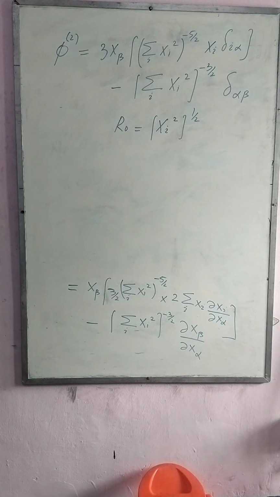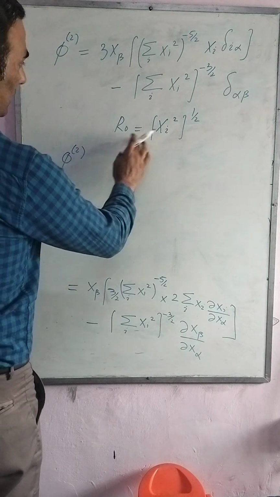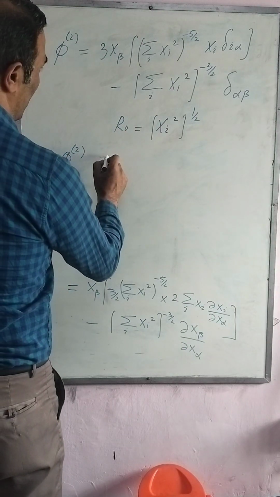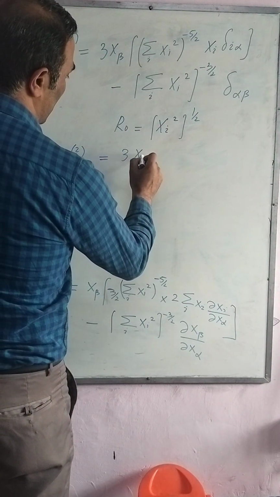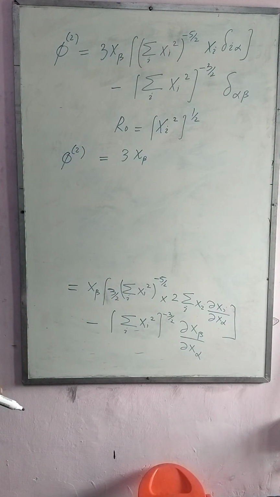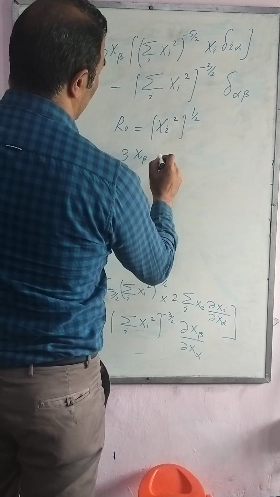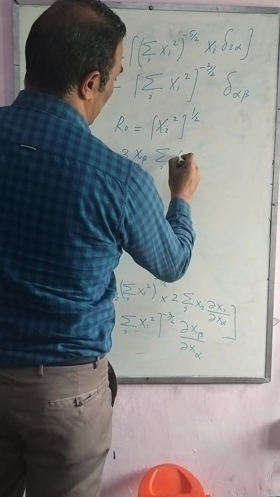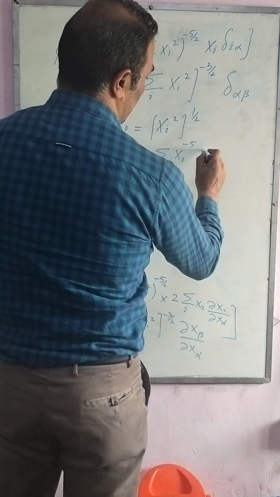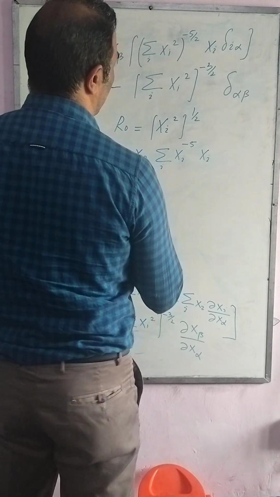so instead of this term I can use this, because our phi 2 is here, so you write that, instead of this R naught xi square you can write this one, so this will be equal to 3 x beta, okay, and this is summation over i xi is for minus 5, okay, and xi, and then i equal to alpha, so this is equal to 1, right?